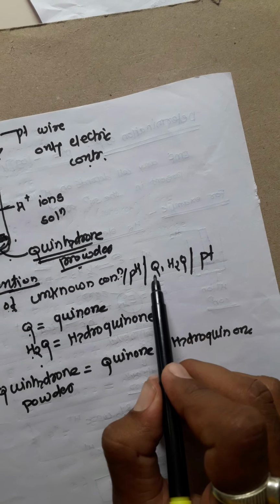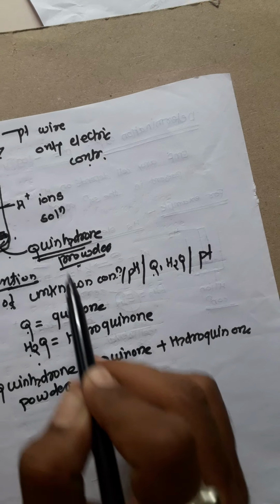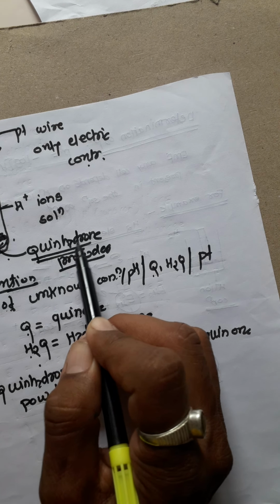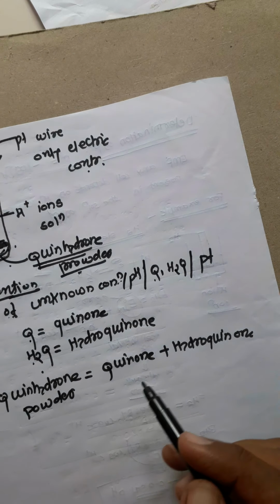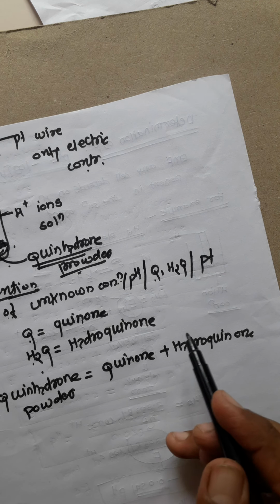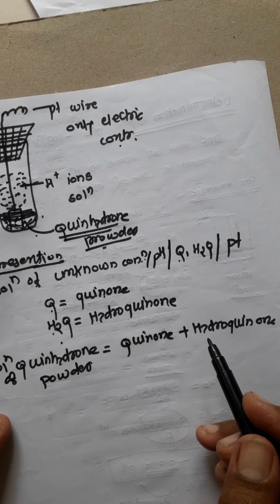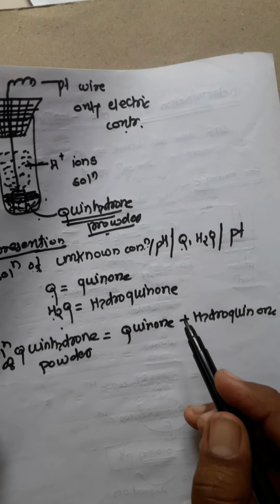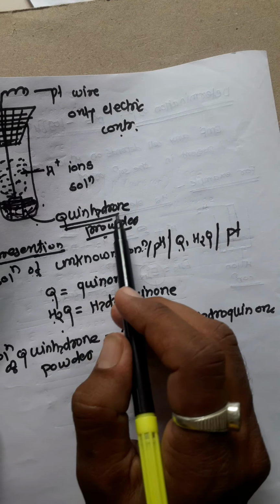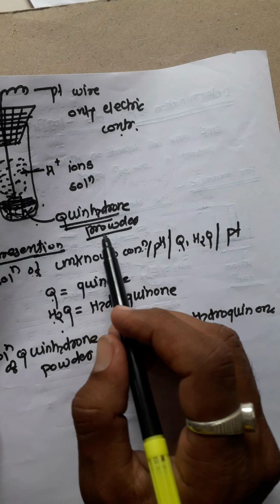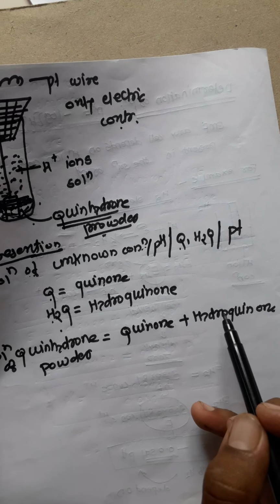Instead of quinone and hydroquinone we use the quinhydrone powder, which is the equimolar quantities of quinone and hydroquinone. Whenever the solution of quinhydrone powder is made, it breaks into quinone and hydroquinone.